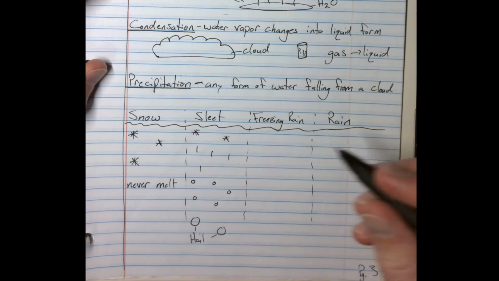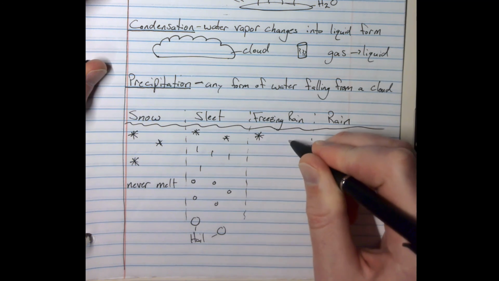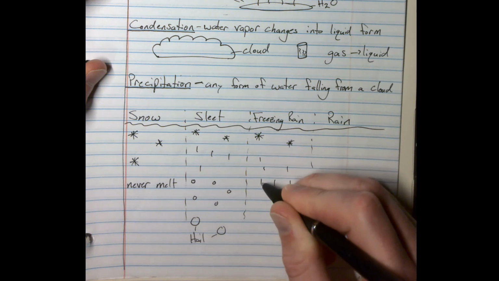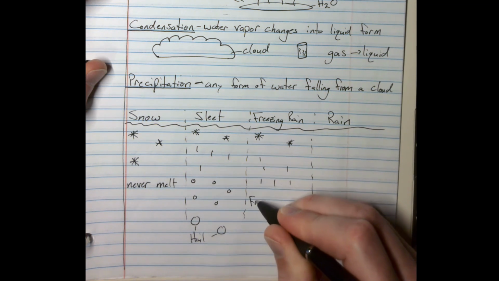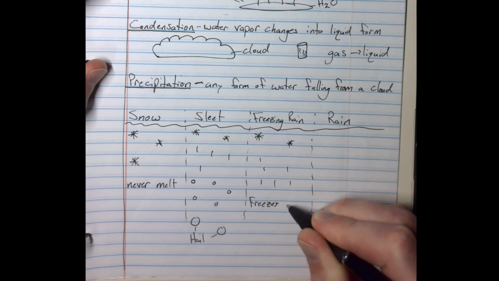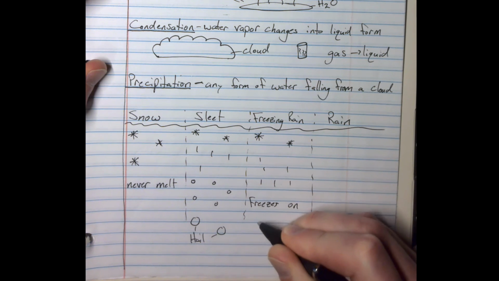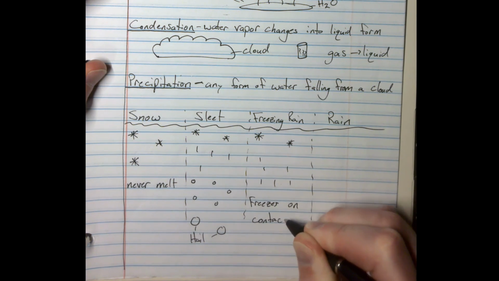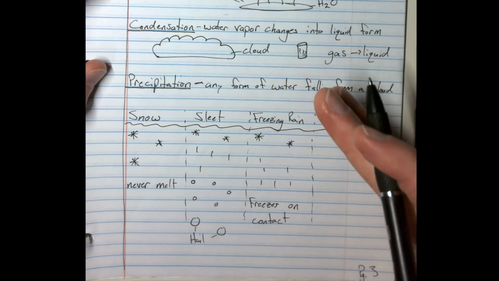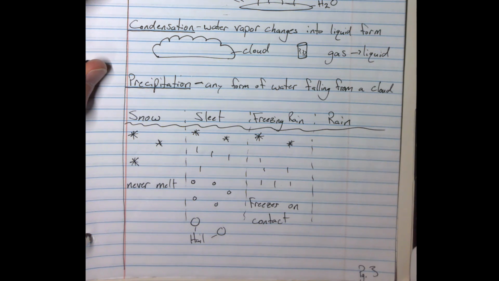Freezing rain is going to start off as snow as well, but then that's going to melt, and then it freezes on contact. So if you've ever seen those pictures of cars where there's just a sheet of ice on them, that would be this freezing rain.